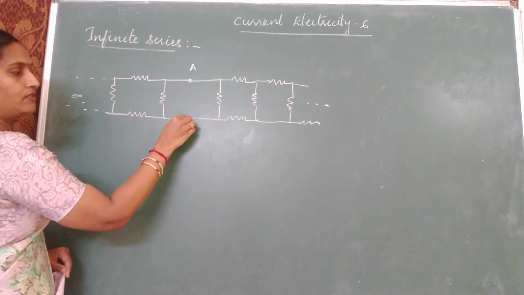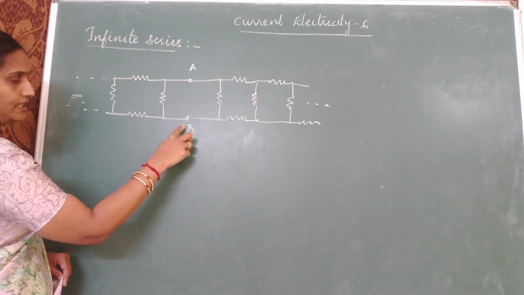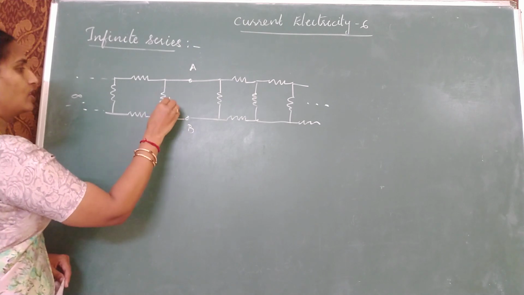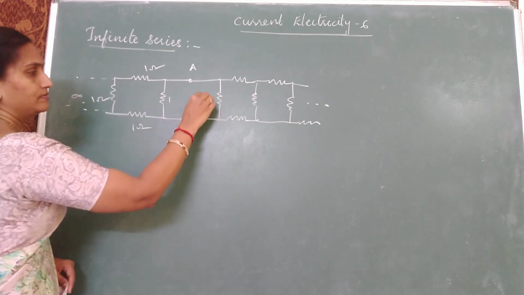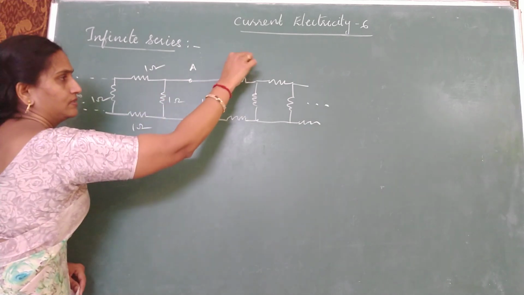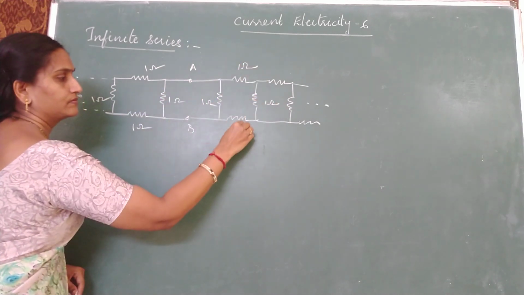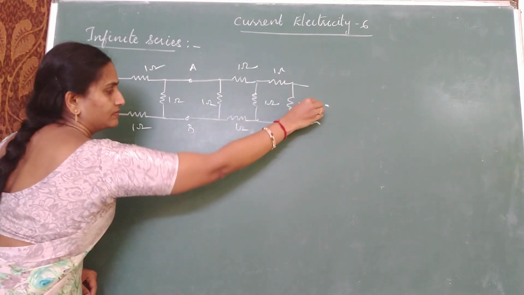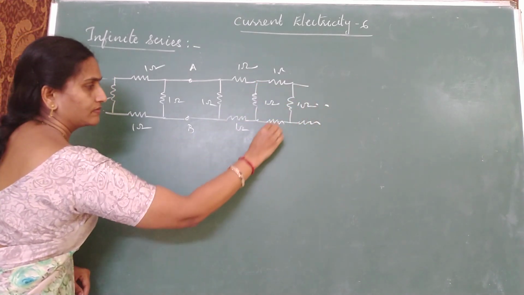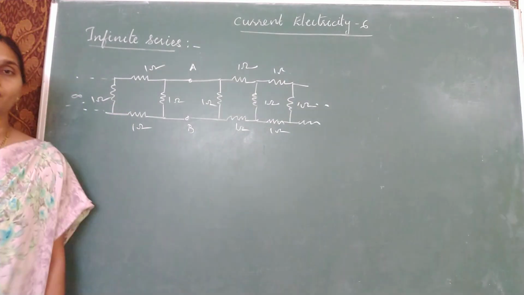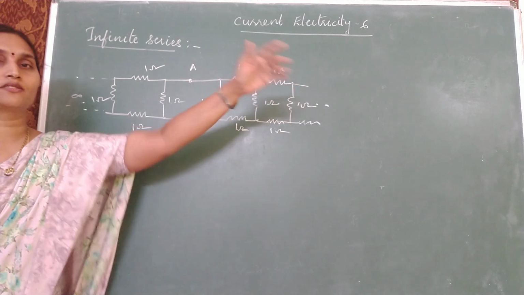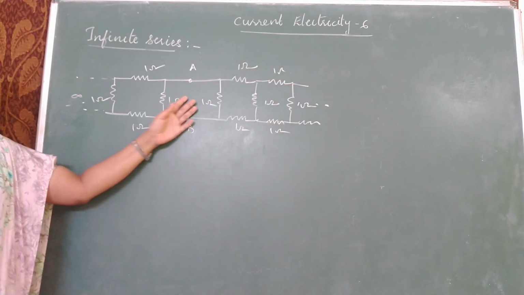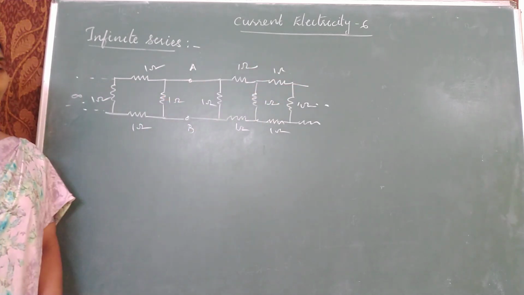You need to find out the equivalent resistance across A and B. I'll take all the resistors as 1 ohm, whatever the value. This is your circuit. Previously we have done only this part, where one end is tending to infinity, but here both the ends are tending to infinity.